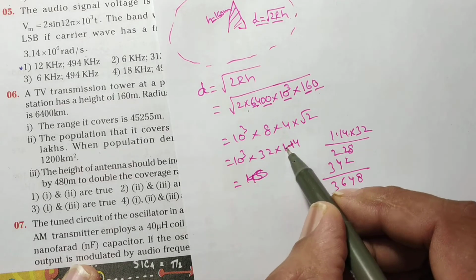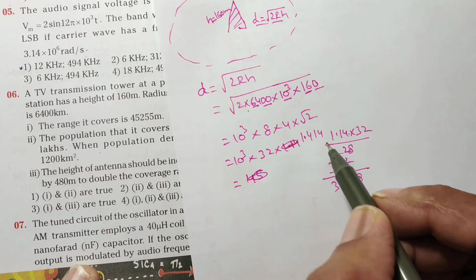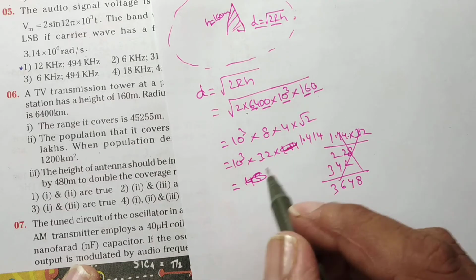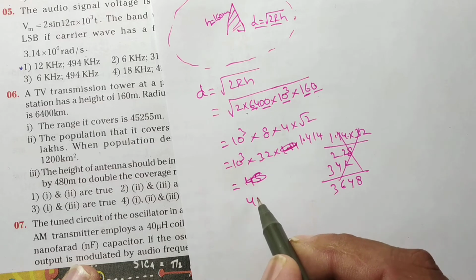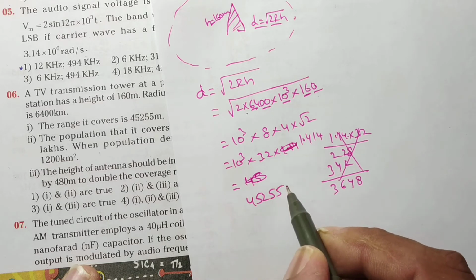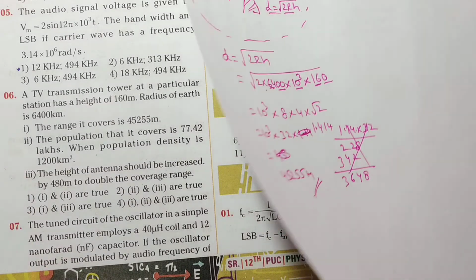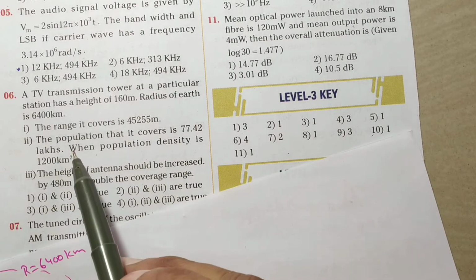Root 2 means 1.414, sorry. If you multiply 32 into 1.414, we are getting 45255 meters. So the first option is correct. Now we have to verify the second option.